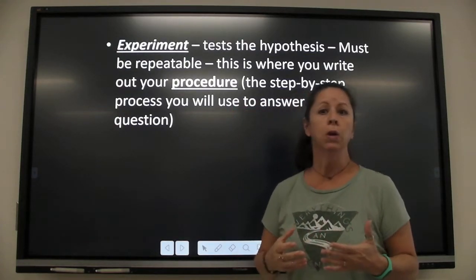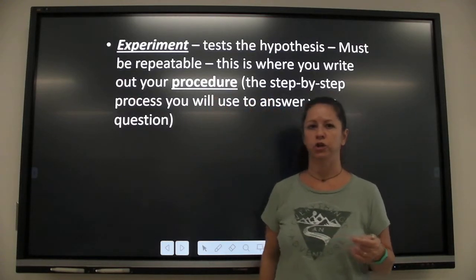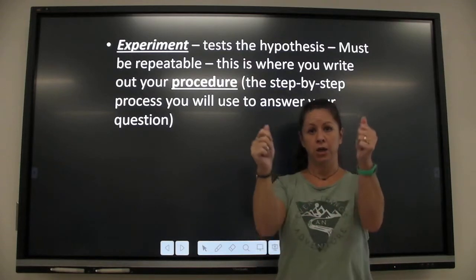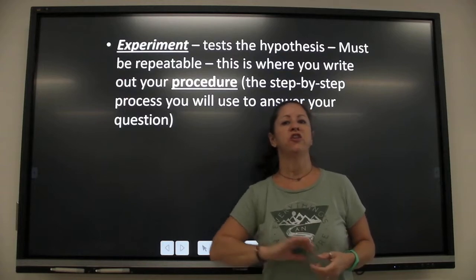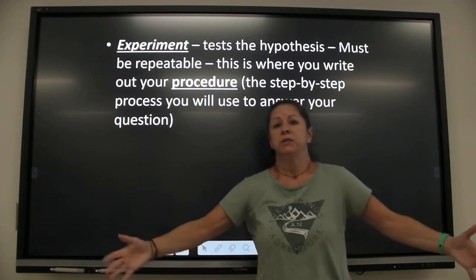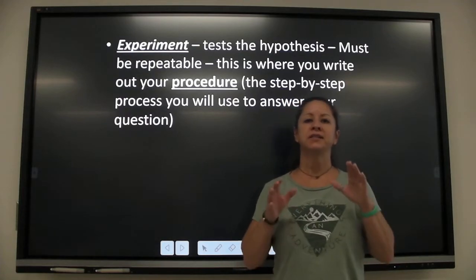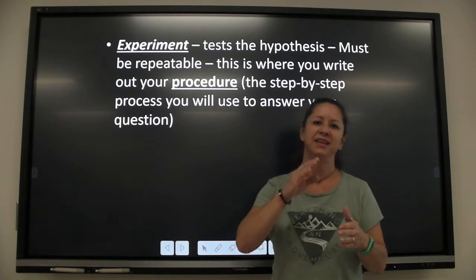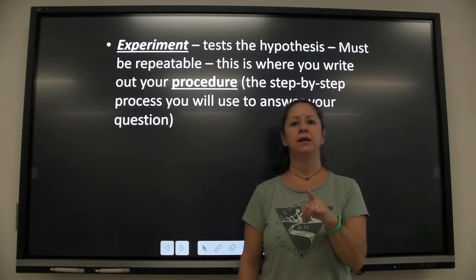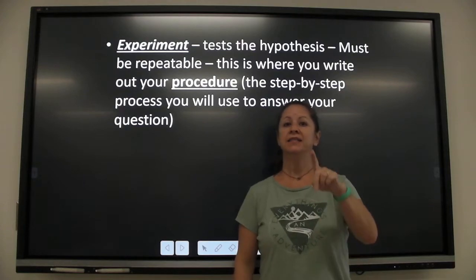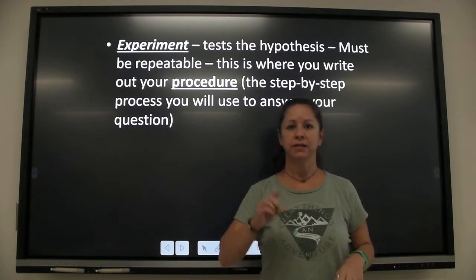The goal when you create your experiment and write your procedure is that you want to be able to take your experiment and give it to someone in another country, even someone who doesn't speak English. Translate it, and they will be able to do the same experiment the exact same way you did. That's the key to a good experiment: it's repeatable and it's always done the exact same way.